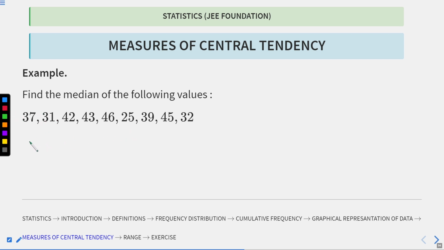The ascending order will be 25, 31, 32, 37, 39, 42, 43, 45, and 46. So this is my increasing order.